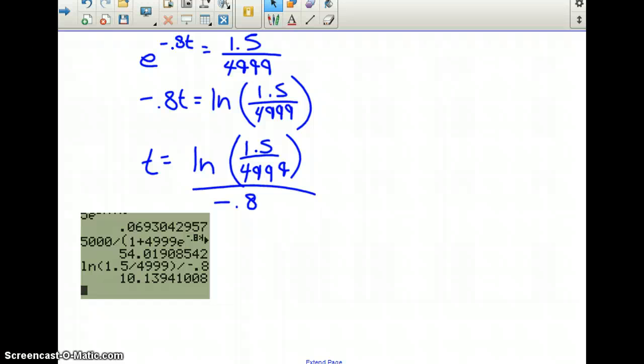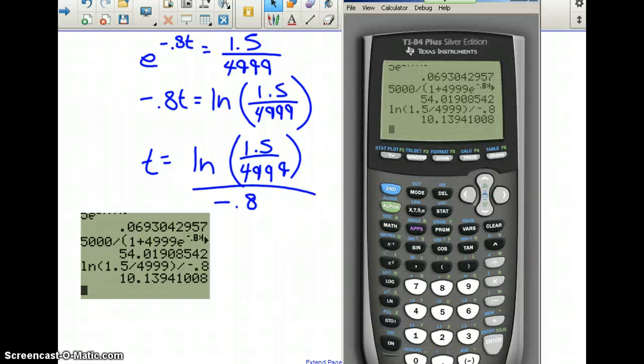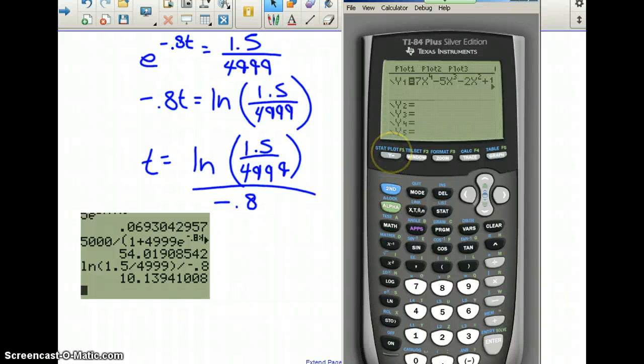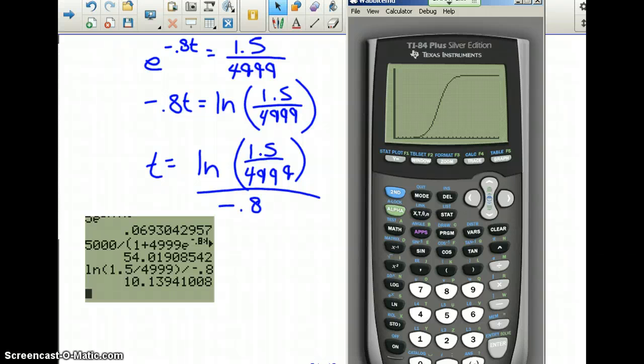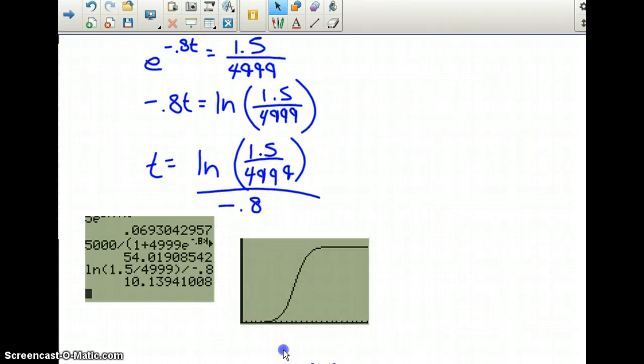Let's look at this graph. Okay, look at our graph. This is graphed over the time interval of 0 to 25 days. So notice at first, the number of infections is increasing very, very slowly.